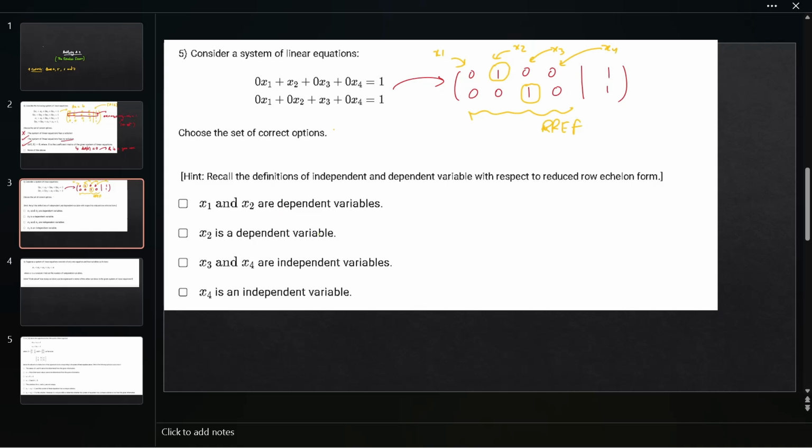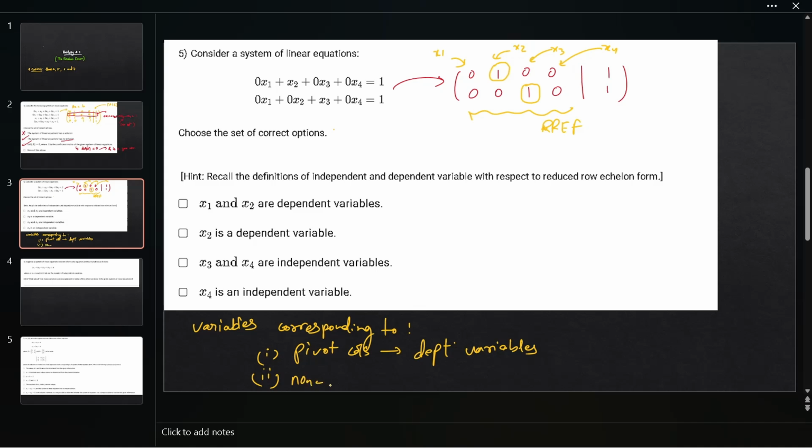So the variables corresponding to the pivot columns are your dependent variables, and the variables corresponding to non-pivot columns are your independent variables.